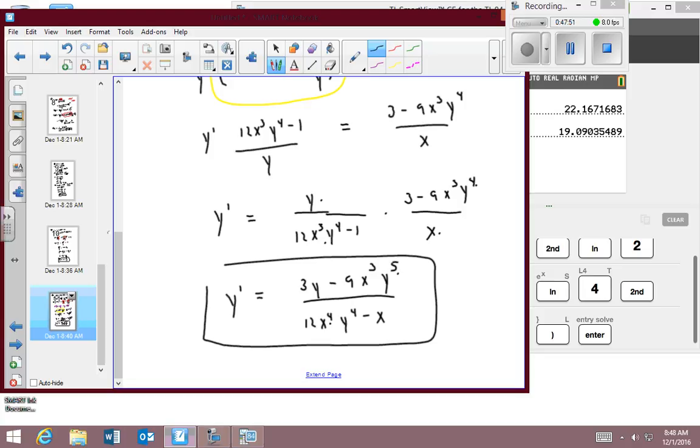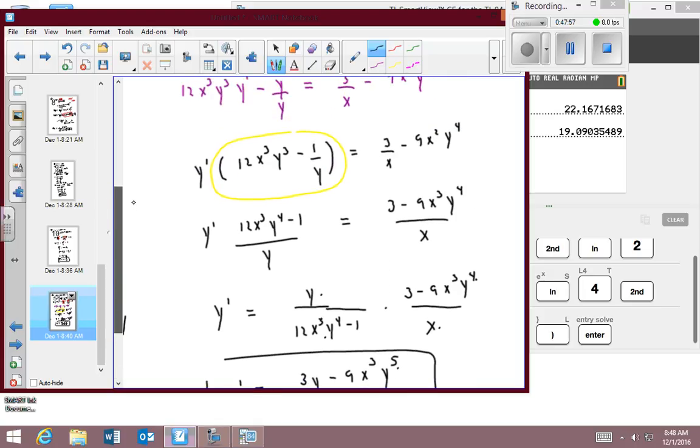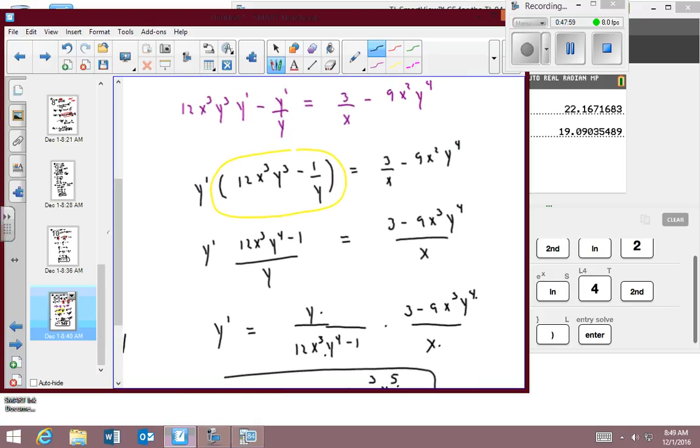Is that what you're asking? Or where did the 12x to the third y to the fourth come from? Well, I did a common denominator.